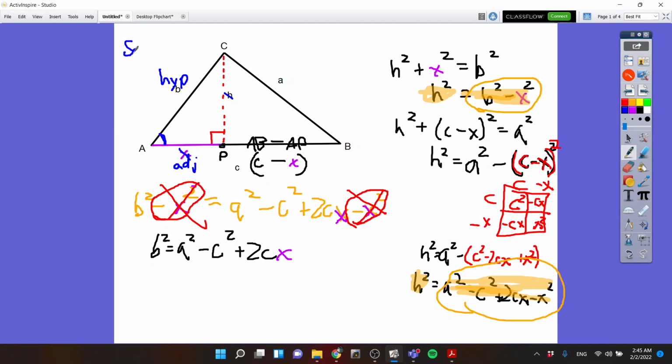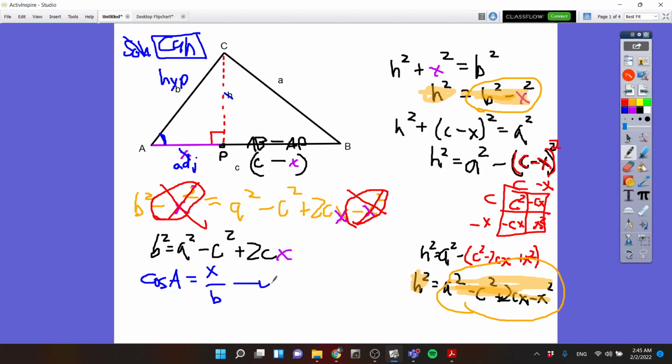Well, I could check my SOHCAHTOA, and I see adjacent and hypotenuse. I can already stop there. I can see it's cosine. So now I can use this relationship. That relationship is cosine of A equals the adjacent over the hypotenuse, which is x over b.